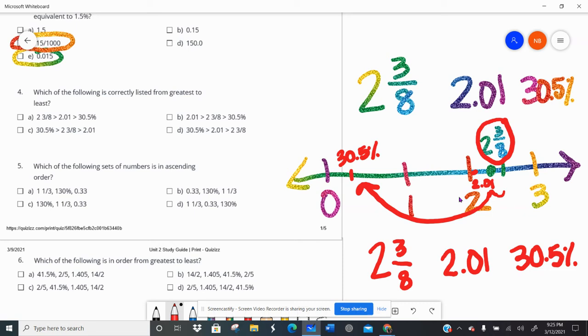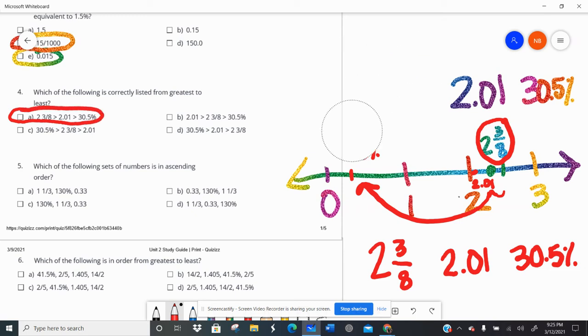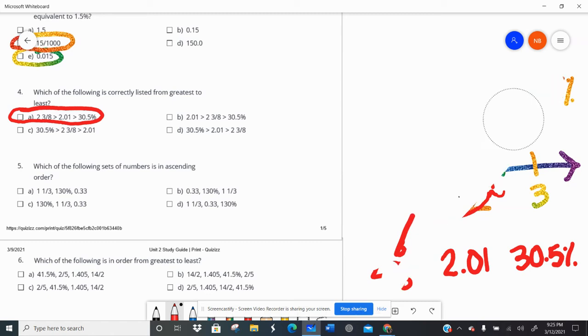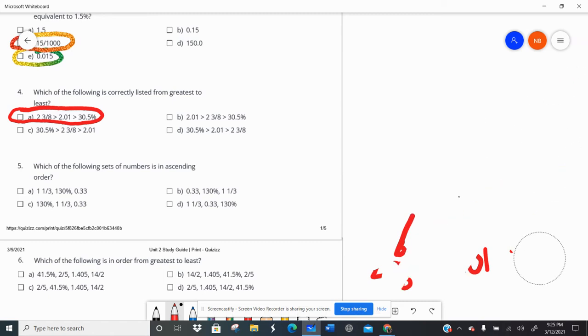You can do that by talking yourself through it, thinking of common markers, 2.5, 1/2, and figuring out, am I left or right of that number? Am I closer to 2 or closer to 3? Those are things you can work out as you practice. So greatest to least looks like it's A. Look at that, and I didn't have to do any long division or hard conversions. I just used that number line to put them about where they should be.